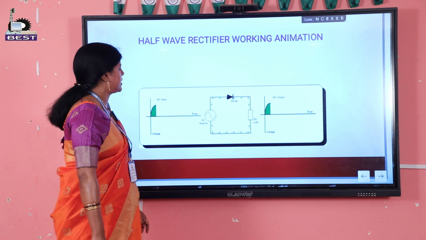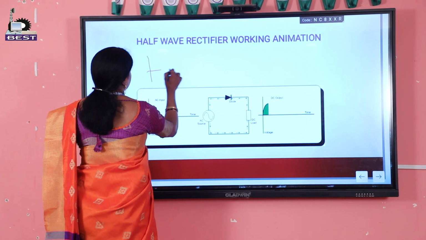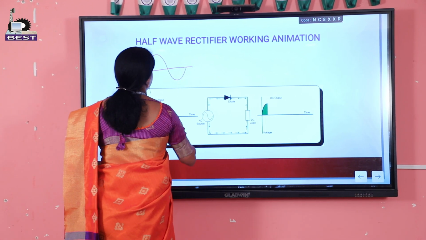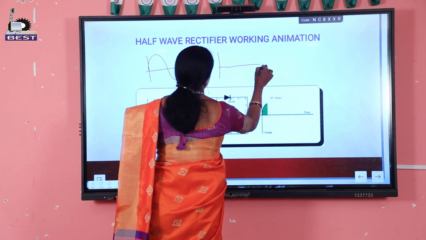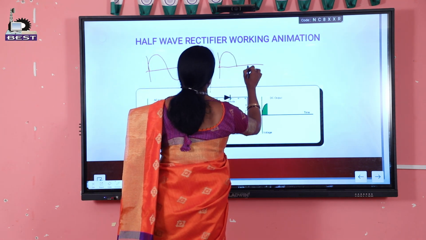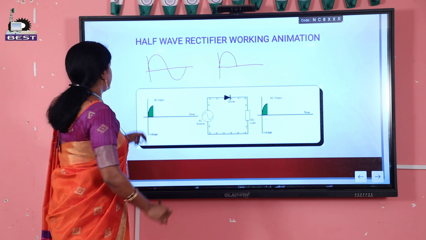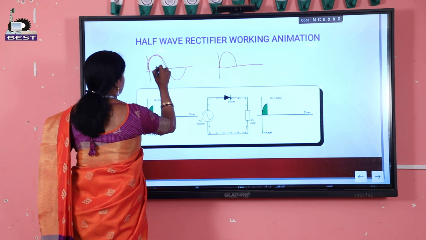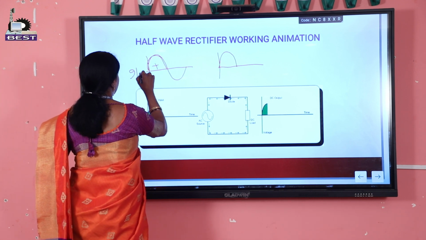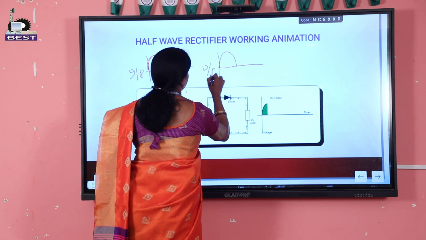In the case of a half wave rectifier, what will happen? As per the rectifier definition, AC signal is converted into pulsating DC. Let us consider the positive half cycle. This one is the input signal and this one is the output signal.